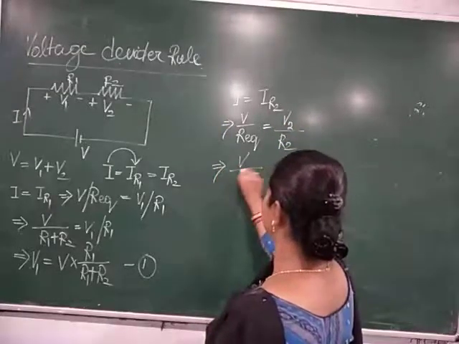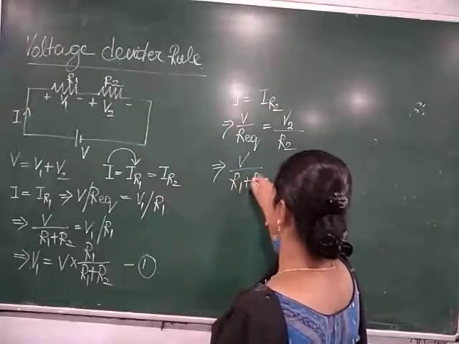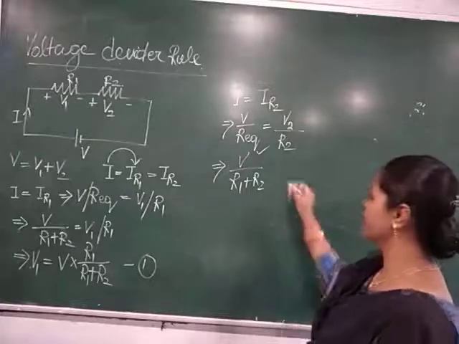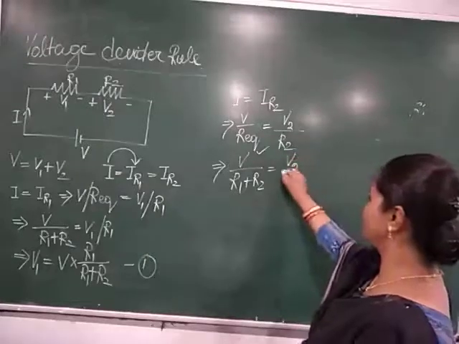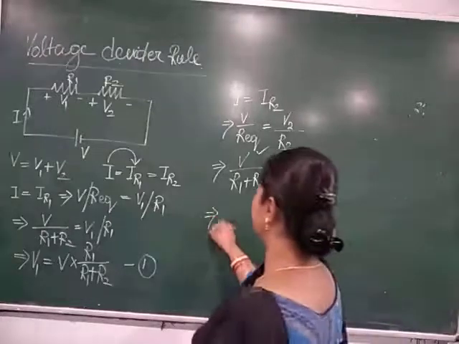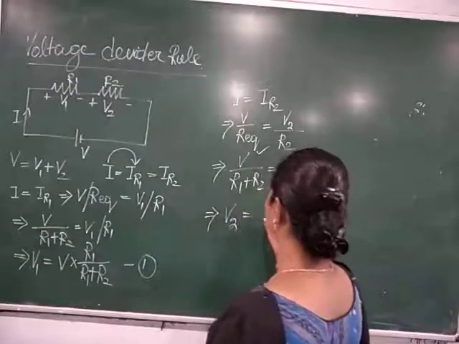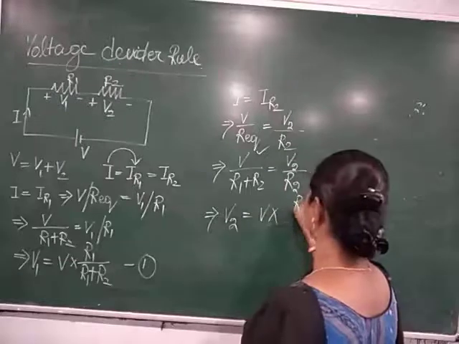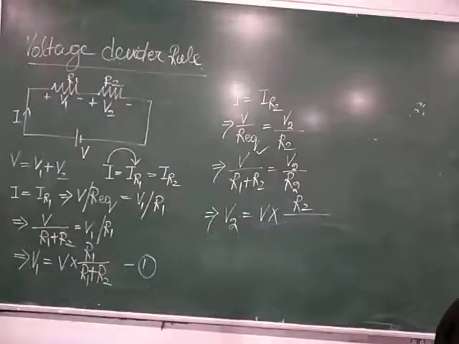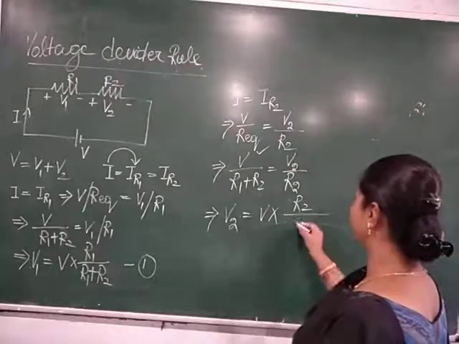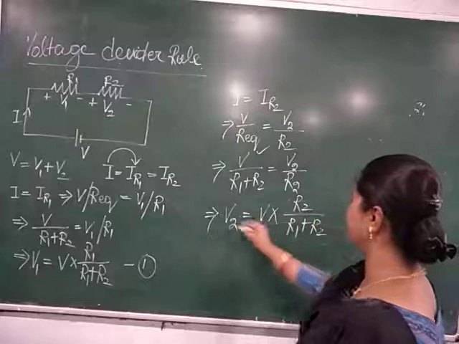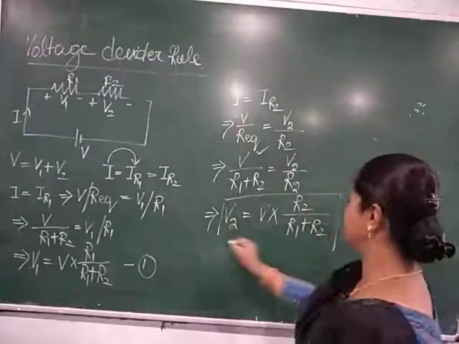In case of series circuit, resistances are added. This R equivalent I put as R1 plus R2, equal to V2 by R2. So here you get V2 is equal to total voltage into the resistance of that branch we want to calculate, divided by total resistances connected in series.